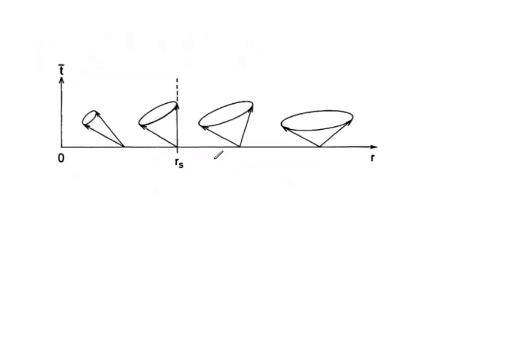See here, this is what I have been showing you. What we have shown is the light cones at different distances from the central singularity. This is inside your Schwarzschild radius and this is outside your Schwarzschild radius.